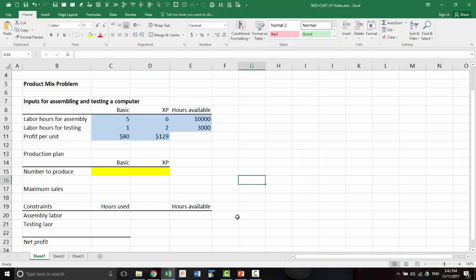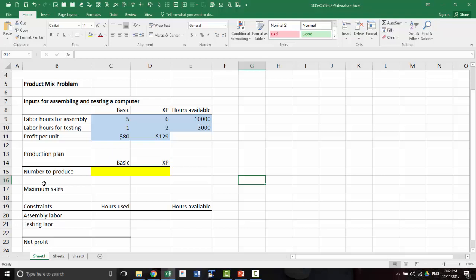Okay. Now we have constraints, right? So we have hours of labor constraint and maximum sales constraint. Maximum sales is for how many units of basic you can produce or you want to produce and how many XP you want to produce. And these maximum sales numbers are given in the problem.